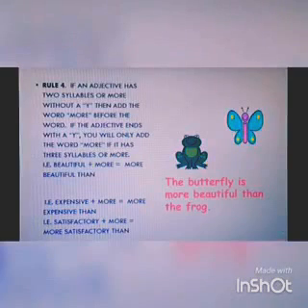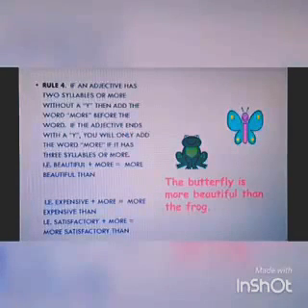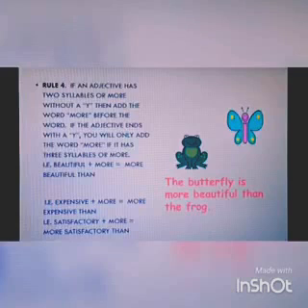Rule 4. If an adjective has two syllables or more without a y, then add the word more before the word. If the adjective ends with a y, you will only add the word more if it has 3 syllables or more. For example, beautiful has 3 syllables and we add more and it turns to be more beautiful than.